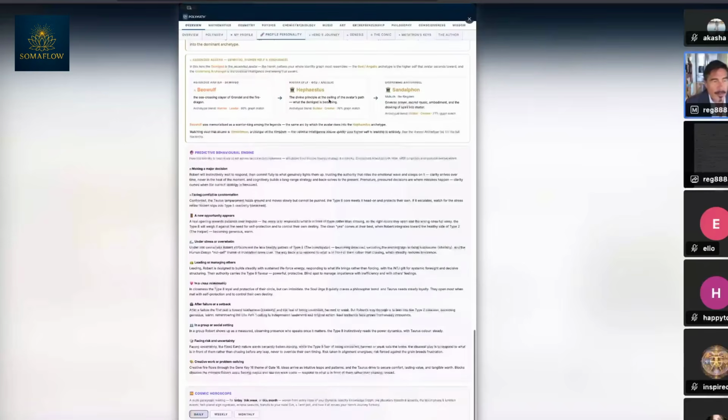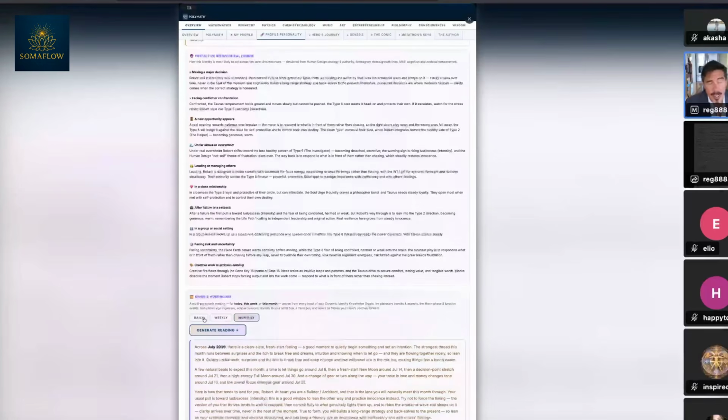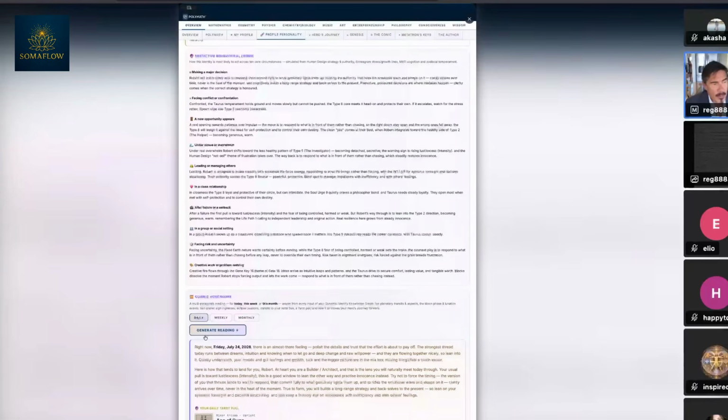And it will also give me associations with certain mythos characters and archetypes. And then I can even ask it a question, how this person would react to this thing, whatever it is, and how best to communicate with them. So that's pretty cool. And then you can also get a weekly, a monthly, and then you can ask Architect if you would like to have him, or her, do a full reading for you for the month or for the year or for the next 5 years.